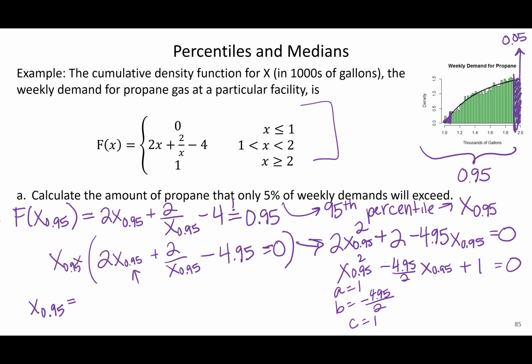You see, minus B, so minus 4.95 over 2 plus B squared, 4.95 over 2 squared. Sorry, I have difficulty talking and writing this at the same time and actually being useful. So minus 4 times A times C.